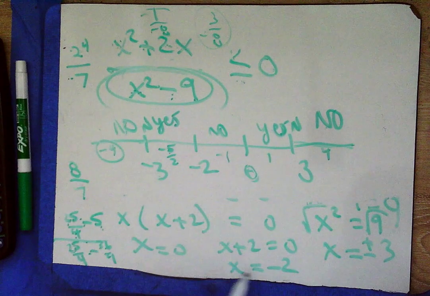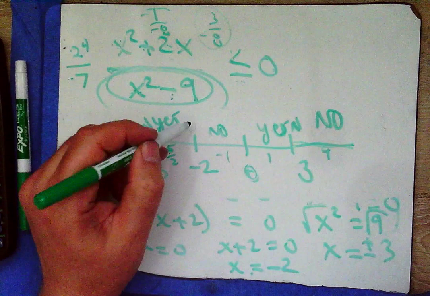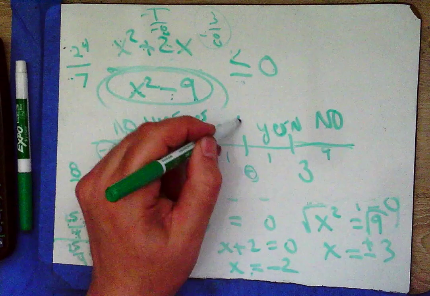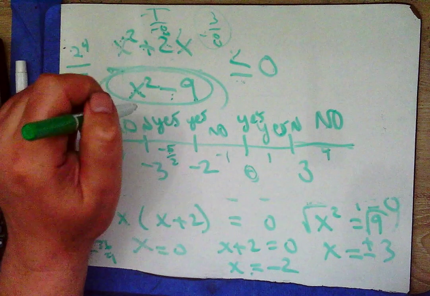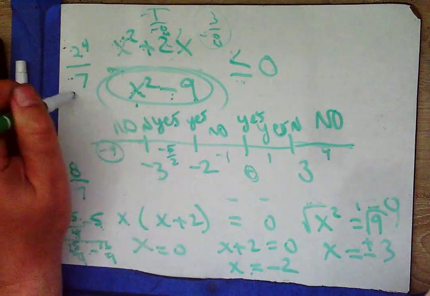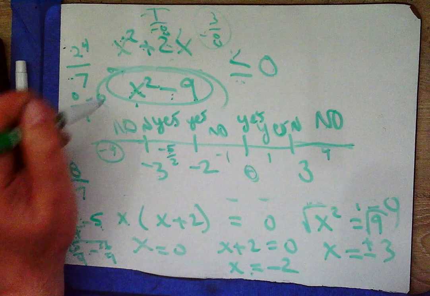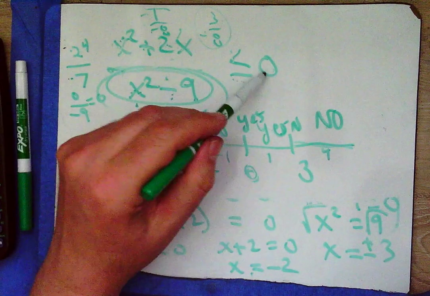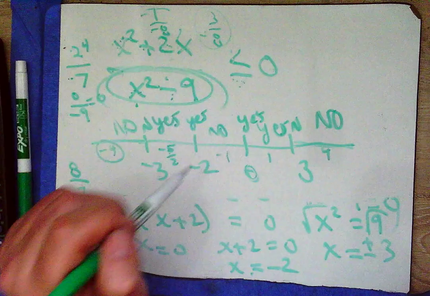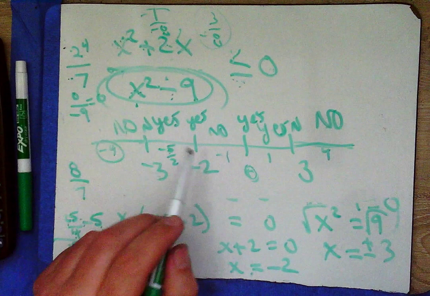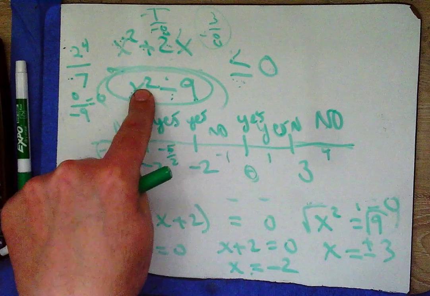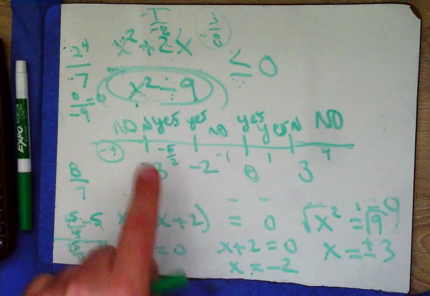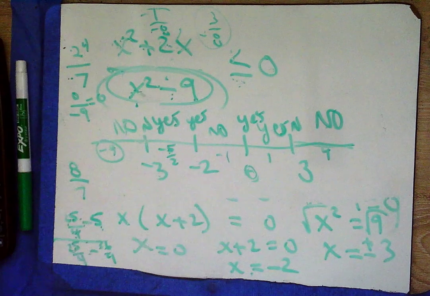But the other critical numbers, 0 and negative 2, they can work. If I plug in a 0, I get 0 over negative 9, and that's 0. Is 0 less than or equal to 0? Yes, it is. So the same thing would happen with negative 2, but when I try 3 and negative 3, they turn the denominator into 0, and that's undefined, so they can never be included.